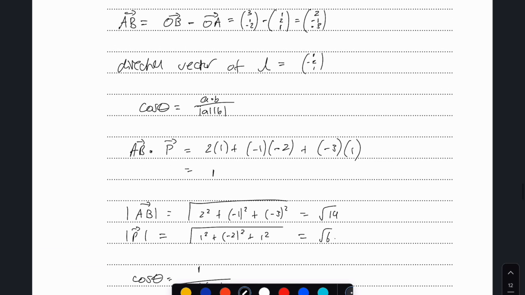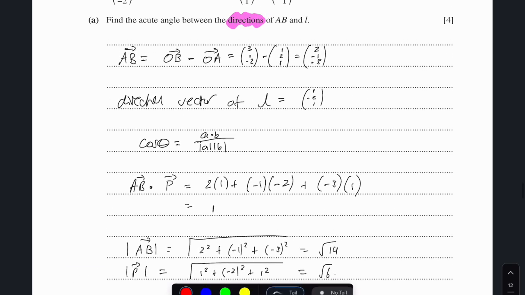If we go up here, using the line L, that's 2 plus lambda, 3 minus 2 lambda, and 1 plus lambda.